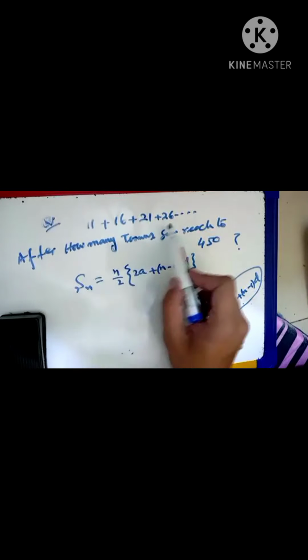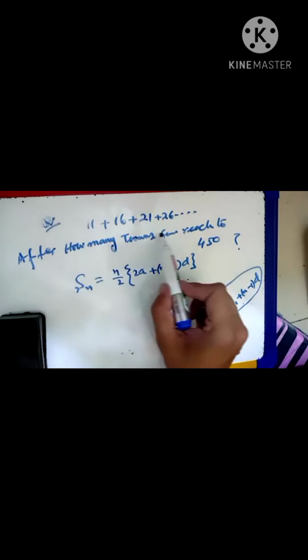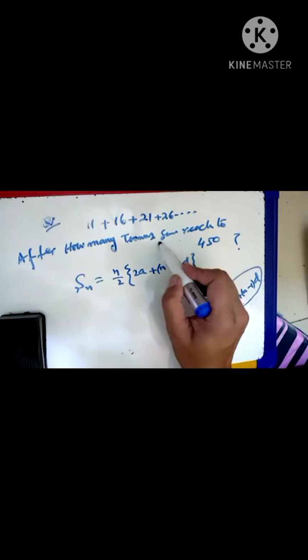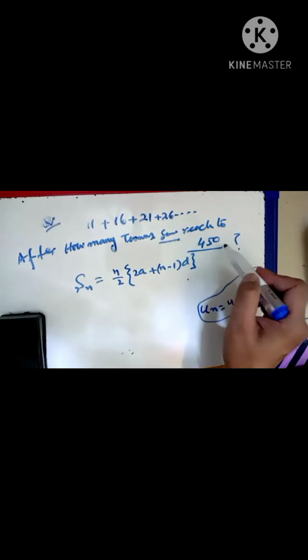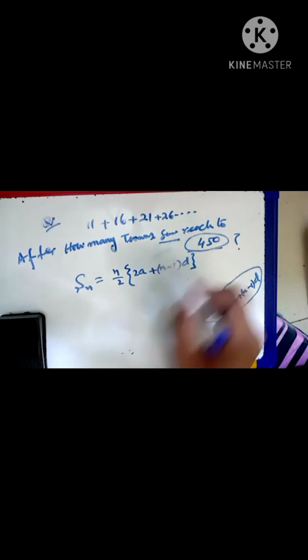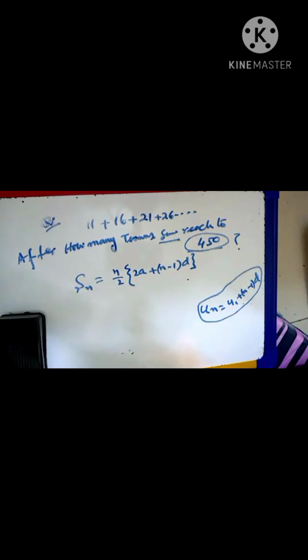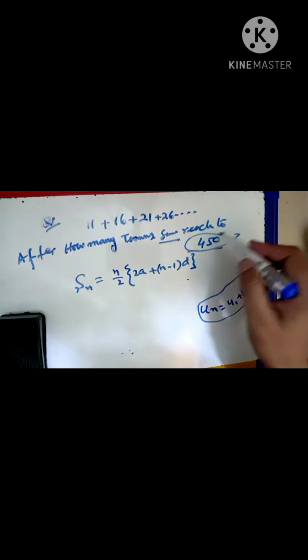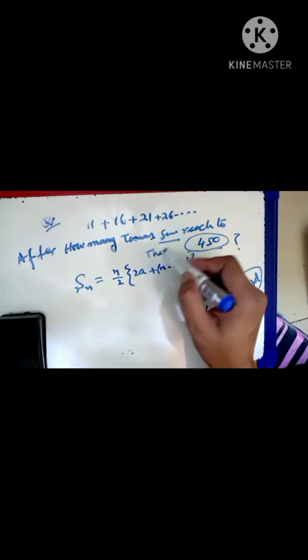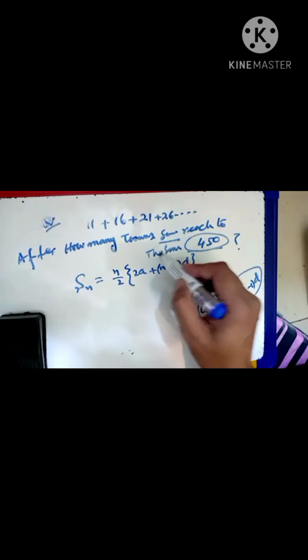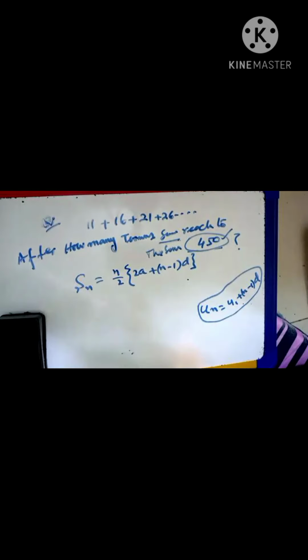But here I told you how many terms are required to reach the sum. I use the word sum. Sum to reach the sum of 450. How many terms to reach the sum? I use again sum. So you will use Sn equal to this.